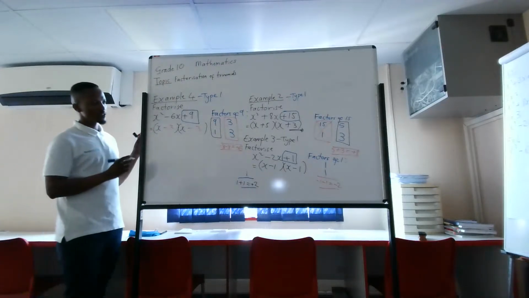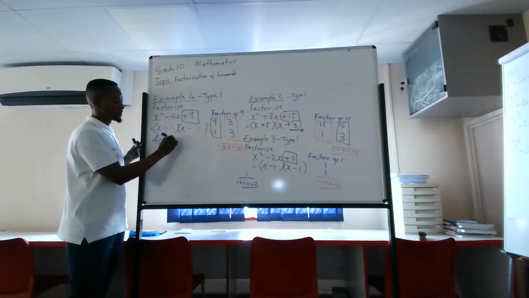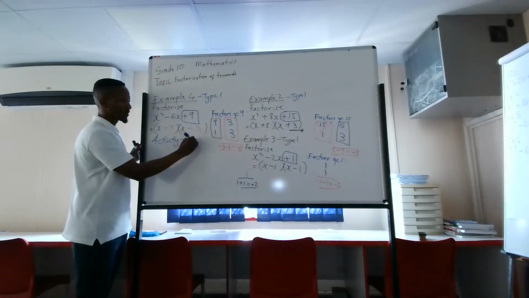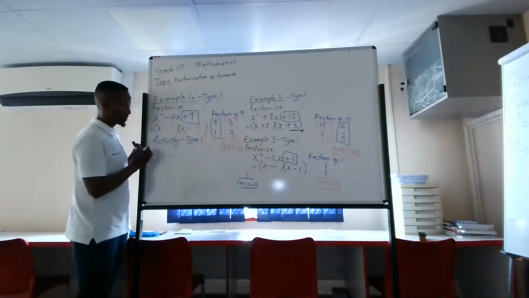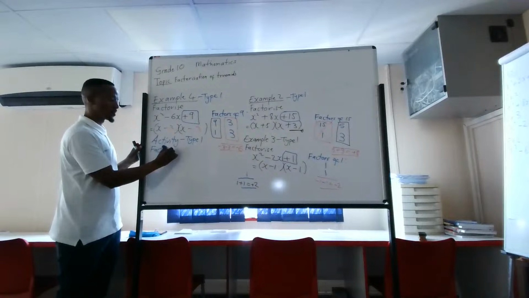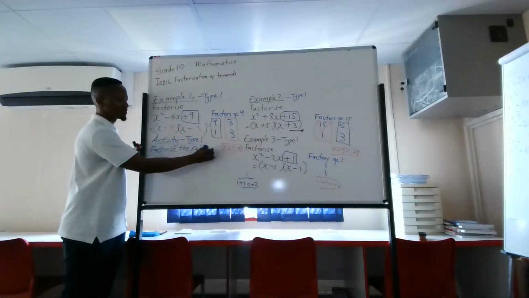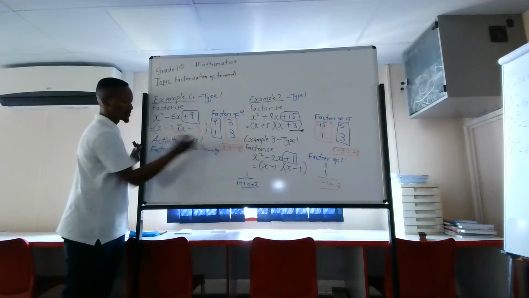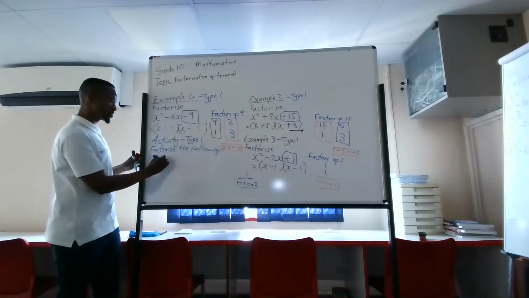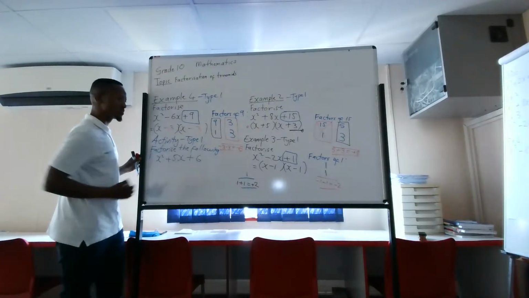Your activity for this week, learners, for type 1, factorize the following. The first one, x squared plus 5x plus 6.